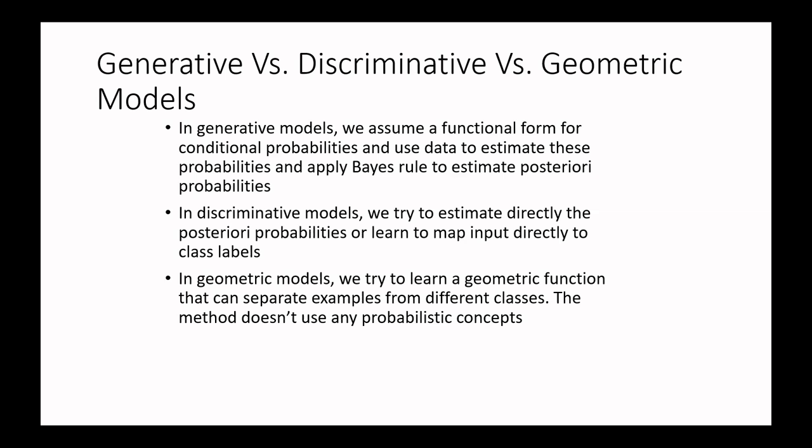And in geometric models, we look at the problem from a geometric point of view and try to learn some kind of geometric function that will allow us to create a surface or a decision boundary that will separate examples from different classes. So these are the underlying approaches that people follow, one or the other. Depending upon somebody's liking, they might follow the first approach, the second approach, or the geometric approach. Those are all different ways of building classification models.